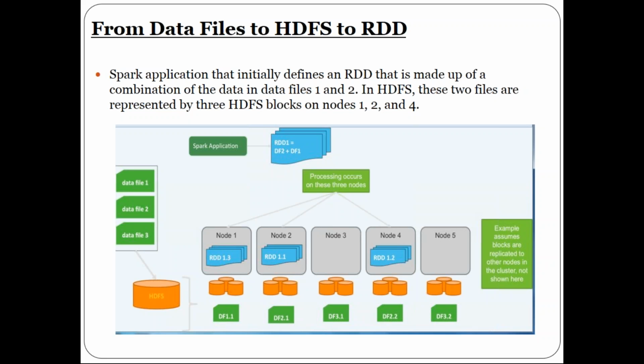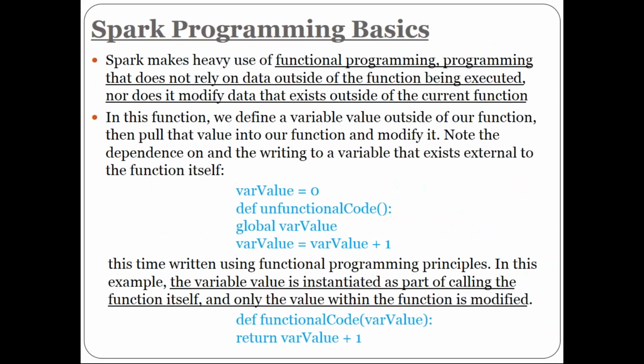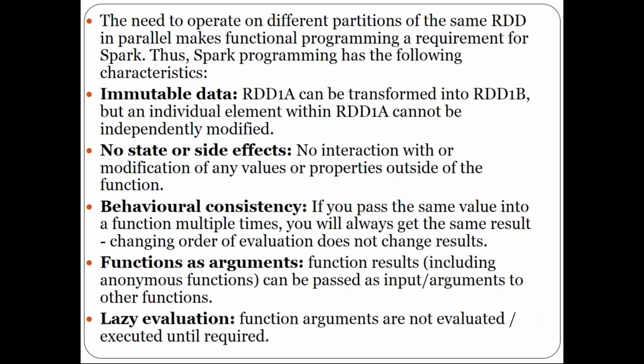Picking the data in 3 different ways, that is how the need to operate on different partitions in parallel makes functional programming a requirement for Spark. That's a basic thing. If you don't understand this, and you start working on Spark, it doesn't add any value to your learning. So functional programming is very important.